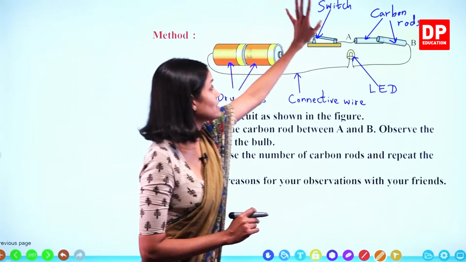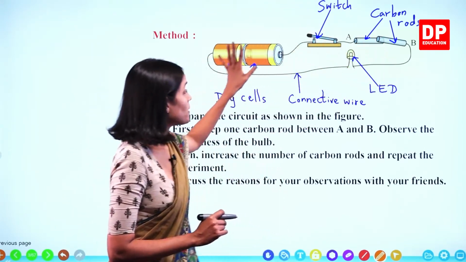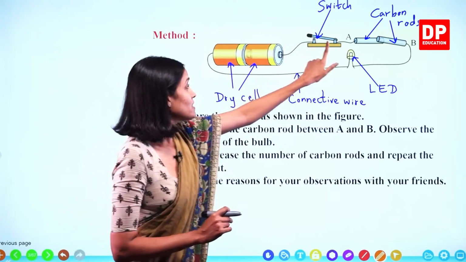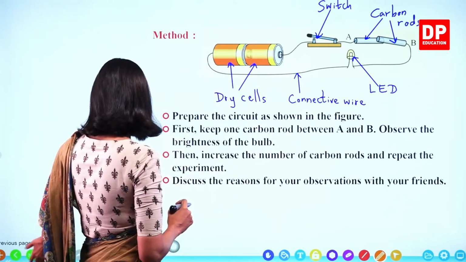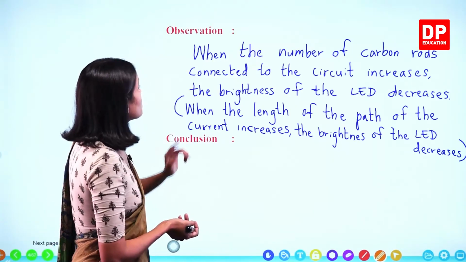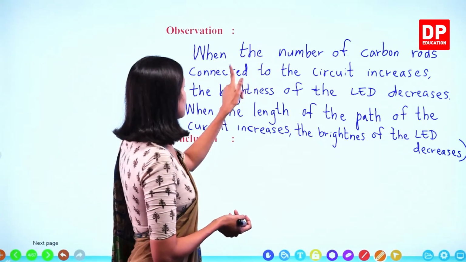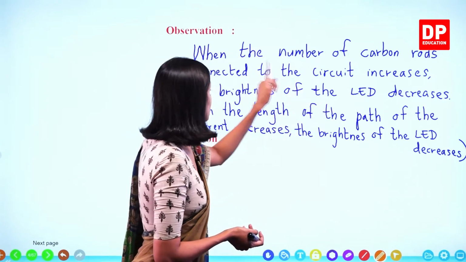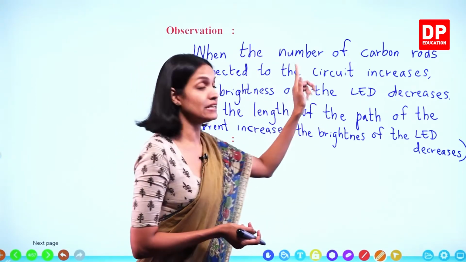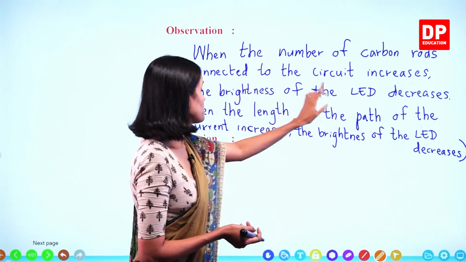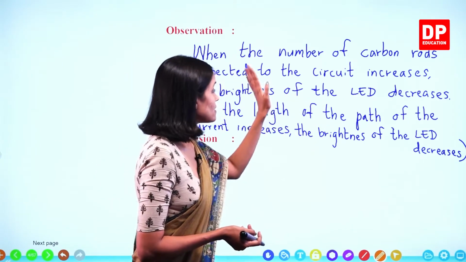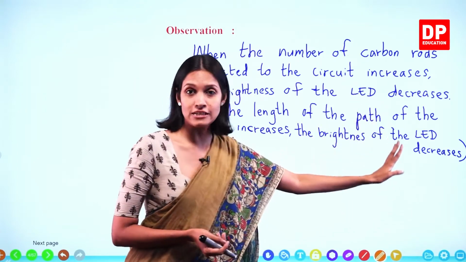So when you increase the length of the path of the current, what happens? The brightness of the LED decreases. Okay, right. When the number of carbon rods connected to the circuit increases, the brightness of the LED decreases, right? Which means when the length of the path of the current increases, the brightness of the LED decreases.